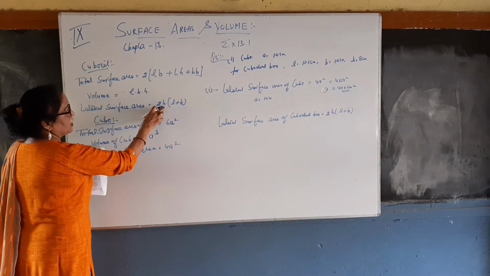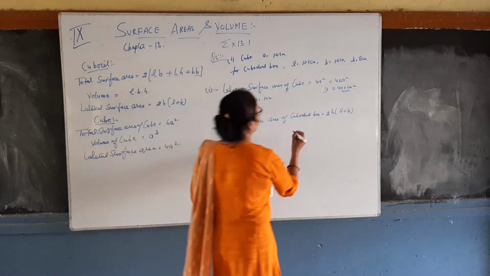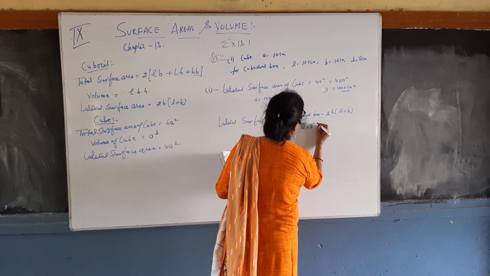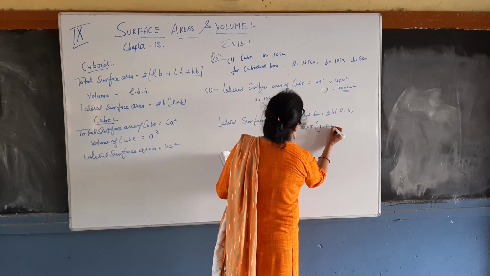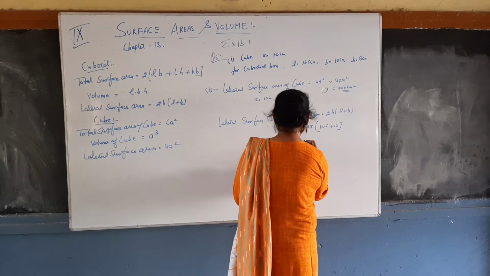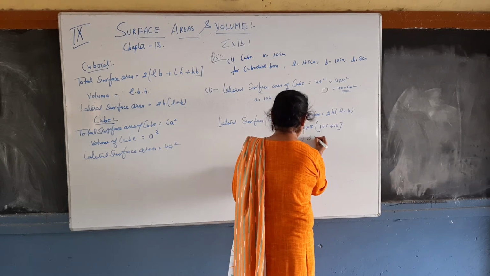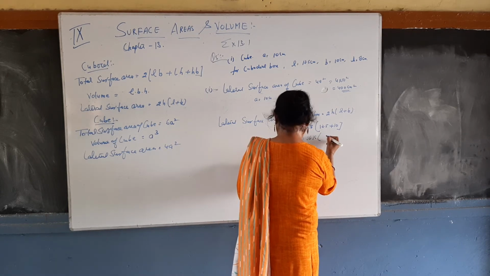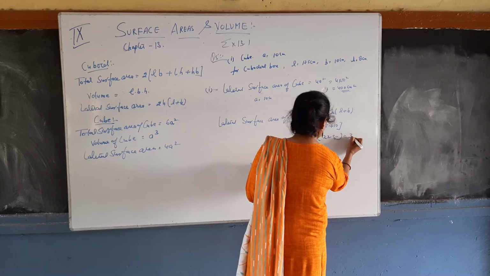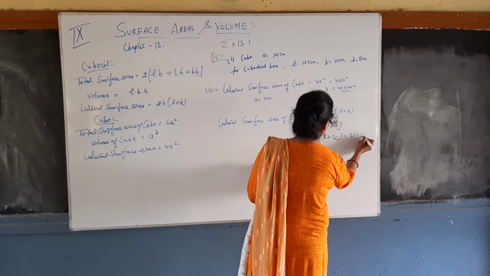Lateral surface 2H(L + B). So 2H is 2 into 8, then L plus B is 12.5 plus 10. So it will be 16 into 22.5. If you multiply, it is 360 centimeters square.